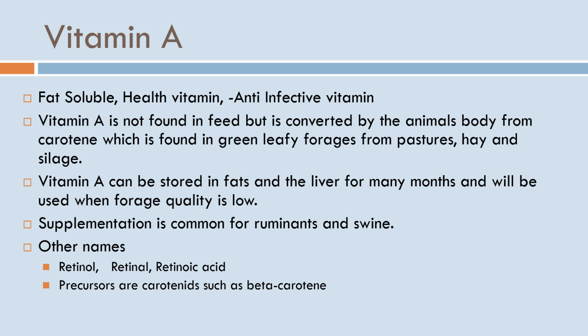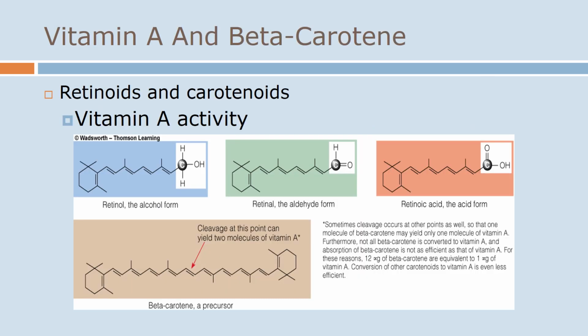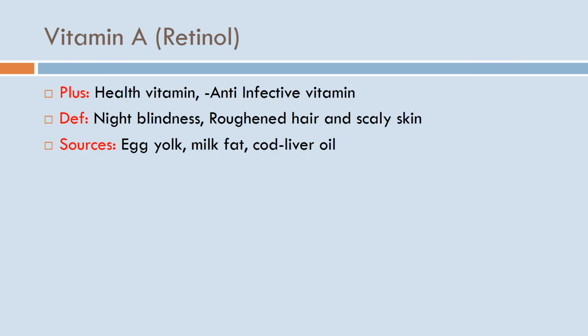That beta carotene is converted into the active form of vitamin A. So retinoids and carotenoids have vitamin A activity. They are all converted into vitamin A during the metabolic processes.